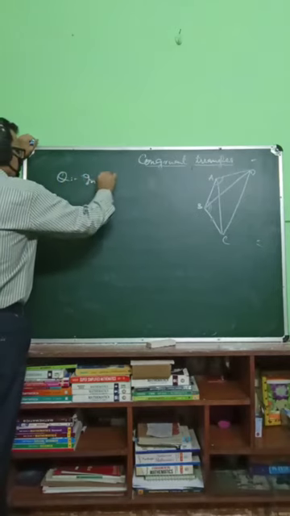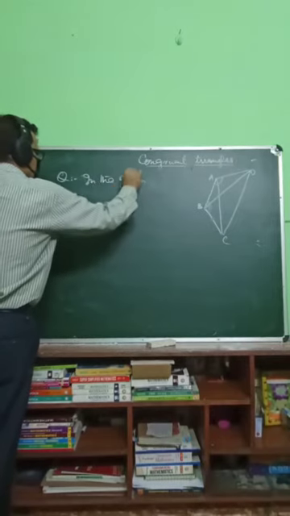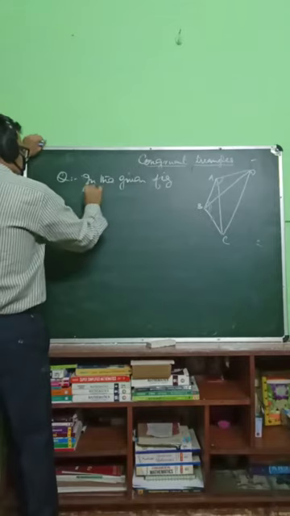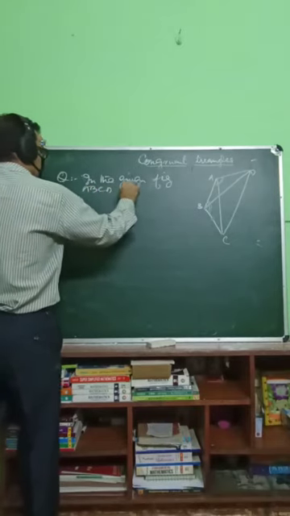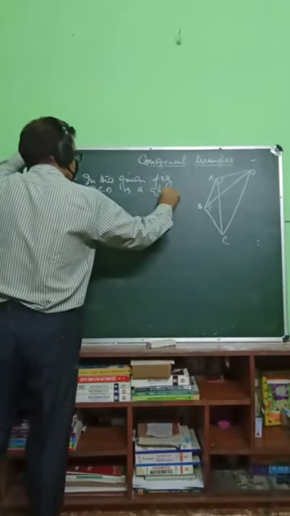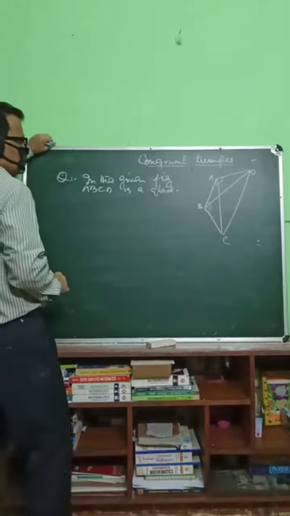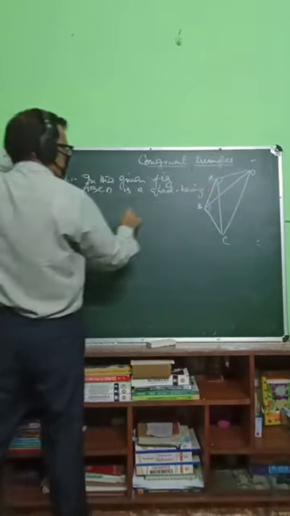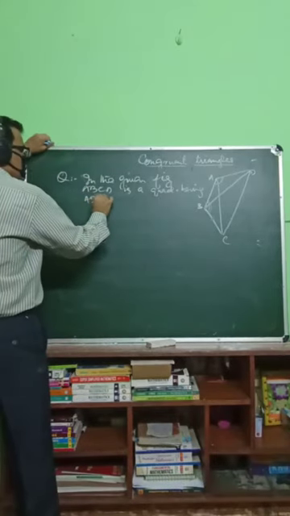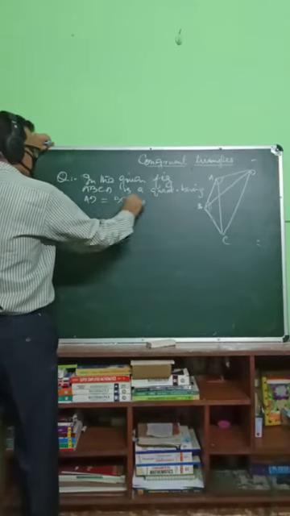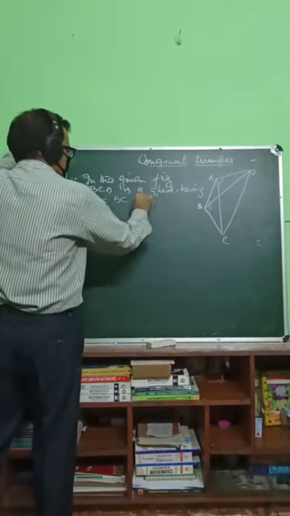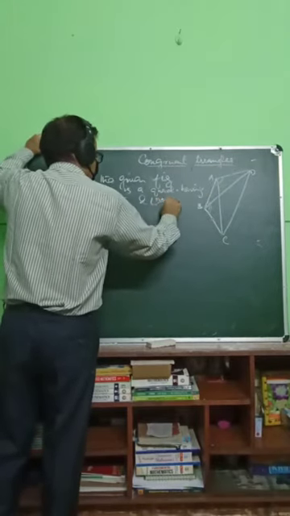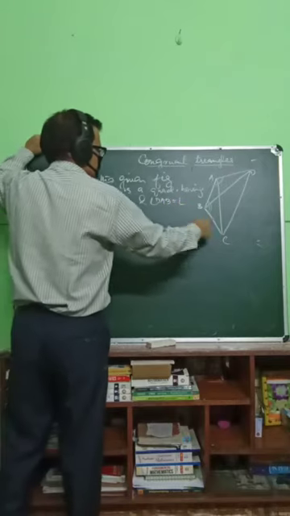In the given figure, ABCD is a quadrilateral having AD equal to BC and angle DAB equal to angle CBA.